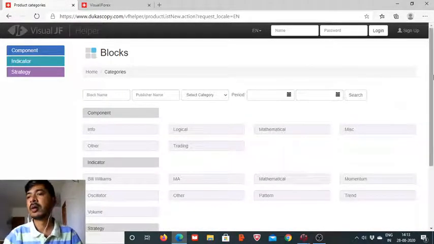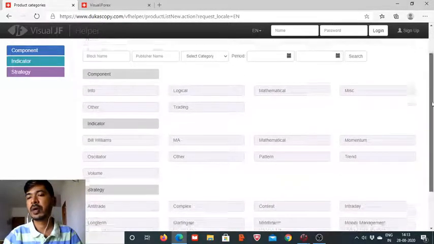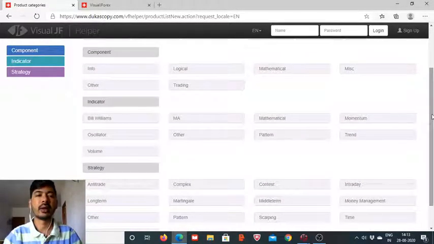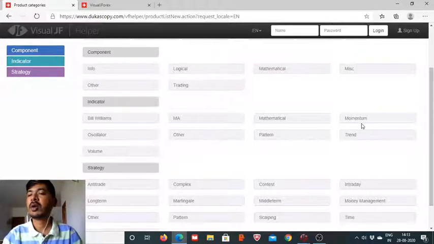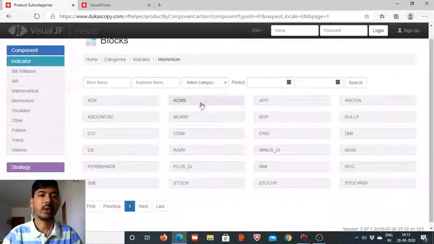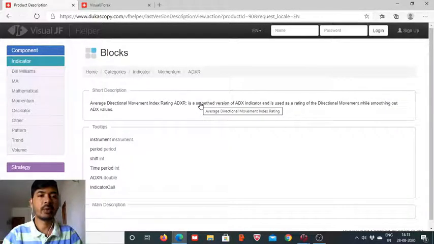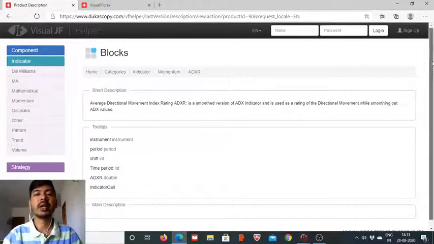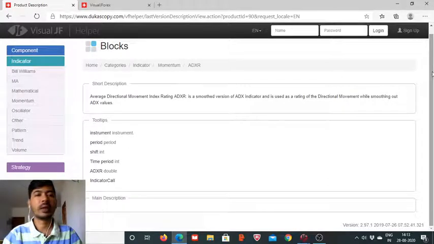It is a kind of averaging of the ADX indicator, and since it is an average of the ADX, we have more lag in the ADXR, and also because of the lag there is more smoothing. So this is one more variant of the ADX, and its utility depends on how you want to customize it and how you want to utilize it on the Visual JForex platform to build an automated trading setup.